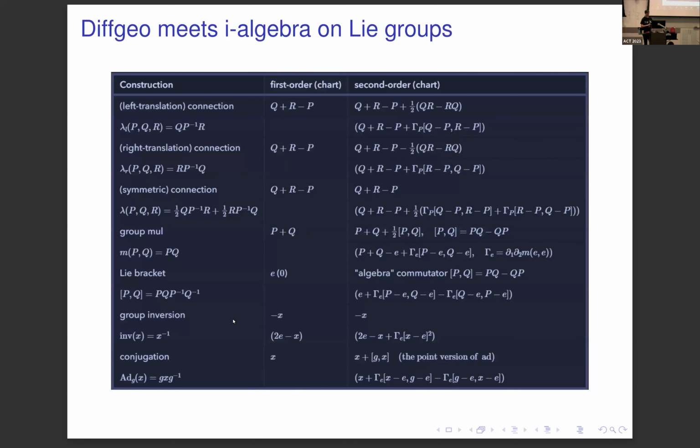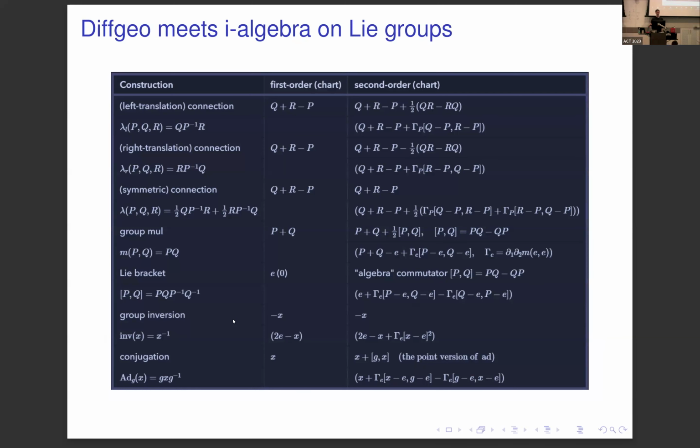I think another nice thing to show is how differential geometry translates into infinitesimal algebra and vice versa. What you have here are the constructions that we're doing in algebra, like group theory, and also in differential geometry, and you can see that they happen to be equal.